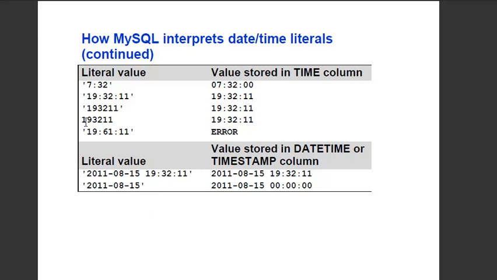And again, for the time information, there are some formats that will be accepted, but there might be formats that are not accepted. So there is a similar issue here.